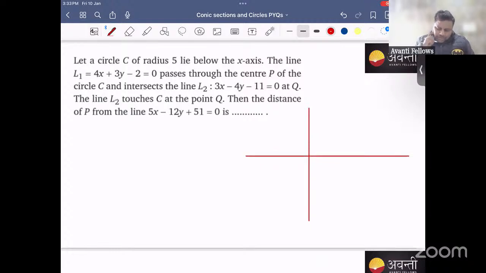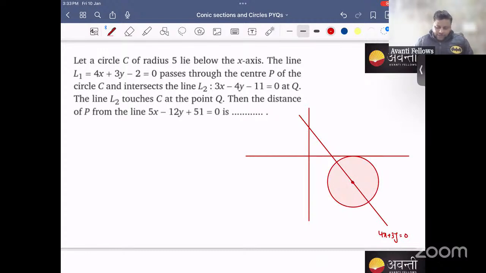The line passes through the center P of the circle and intersects the line L2 at Q. L1 is 4x + 3y = 2. This is the line, say. Now the circle can be here. The line passes through the center P. Let this be the circle.